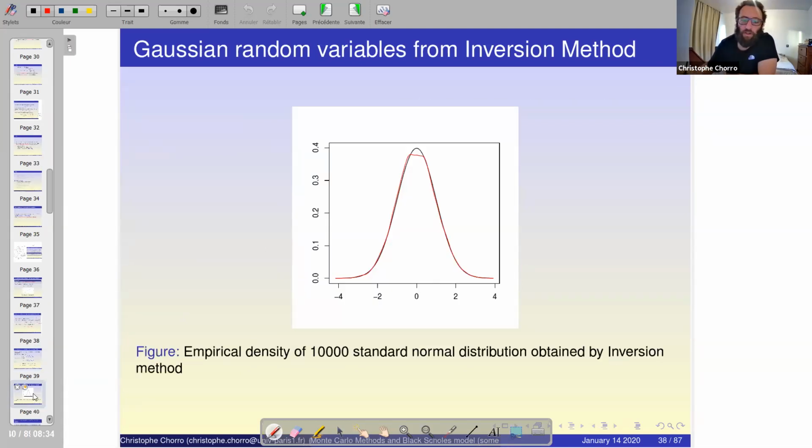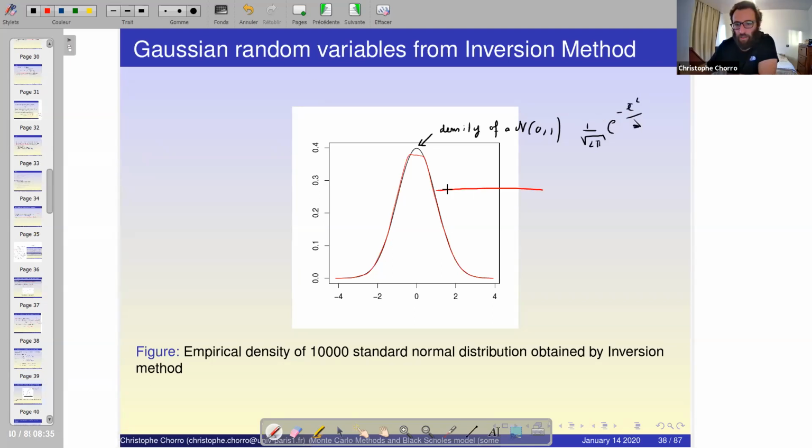What I have represented in black is the density of N(0,1), meaning 1 over the square root of 2 pi times exponential of minus x squared over 2.